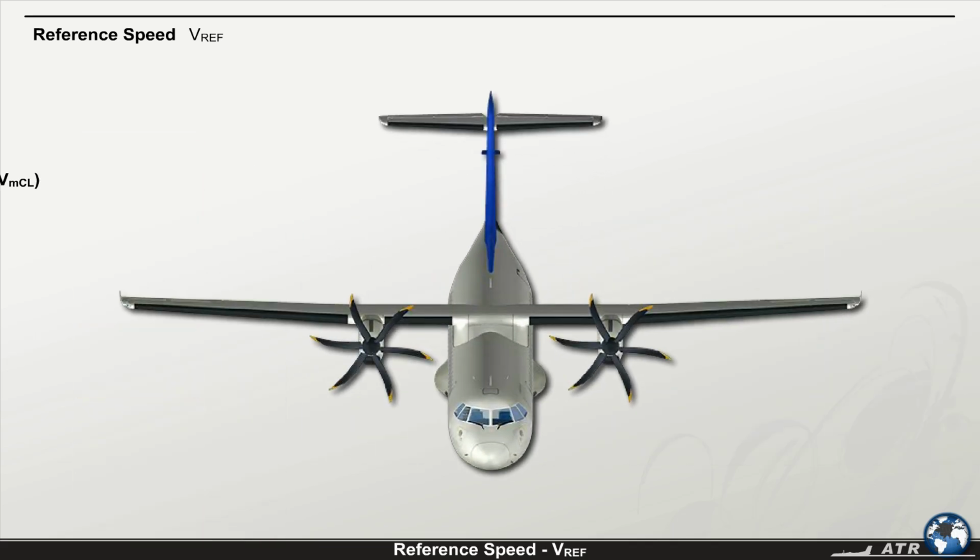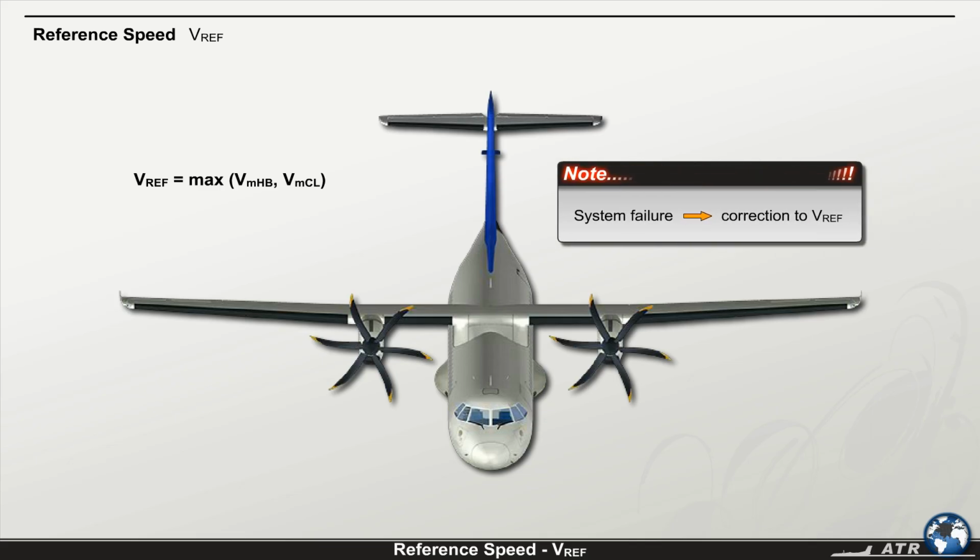For the ATR, the VREF is the VMHB for the given weight, or VMCL, whichever is higher. In case any system failure affects landing performance, the ATR operational documentation indicates the correction to the VREF in order to compensate for the failure.